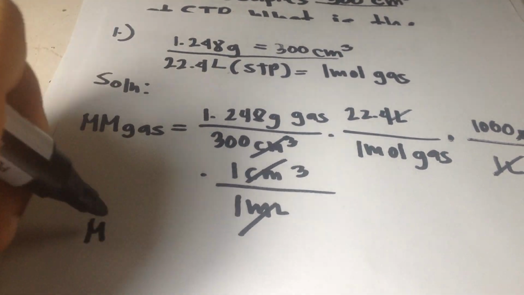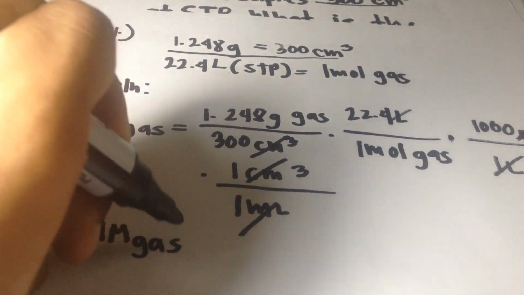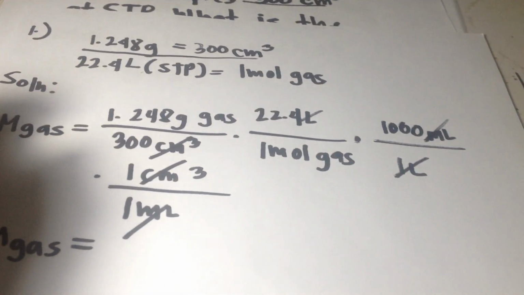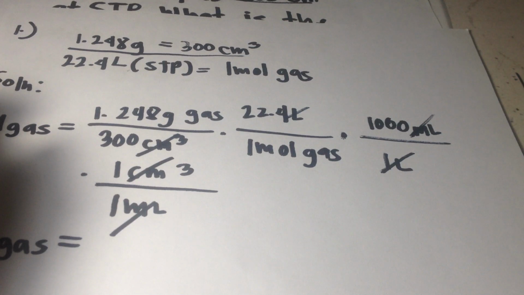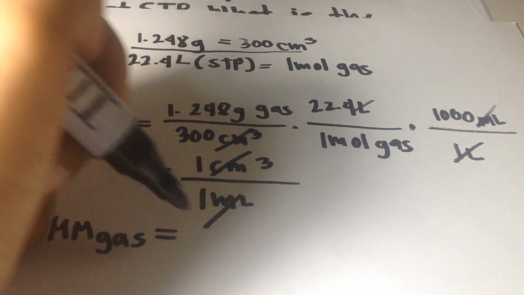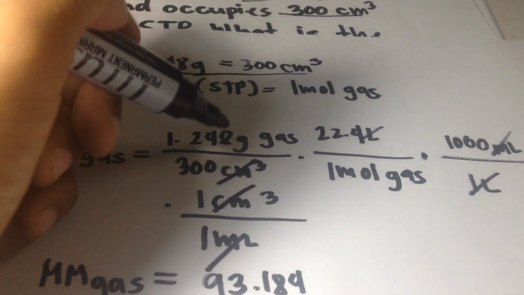So the molecular mass of the gas is equal to, let's calculate all, 1.248 divided by 300, times 22.4 over 1, times 1000 over 1, times 1 over 1, equals 93.184 grams per mole.